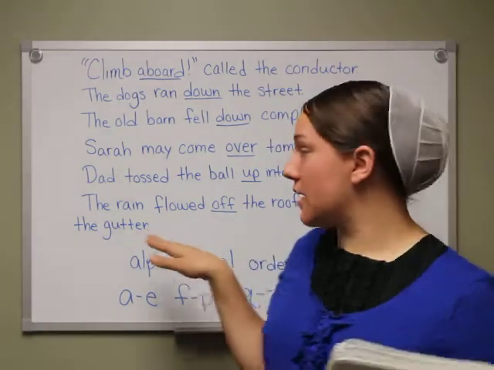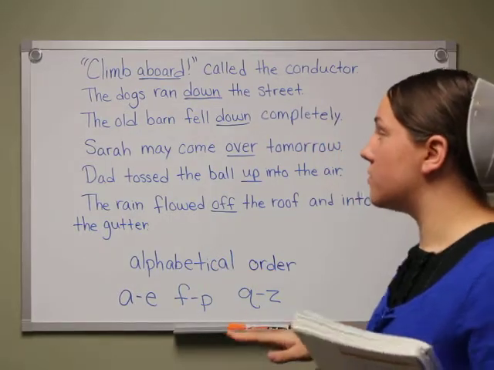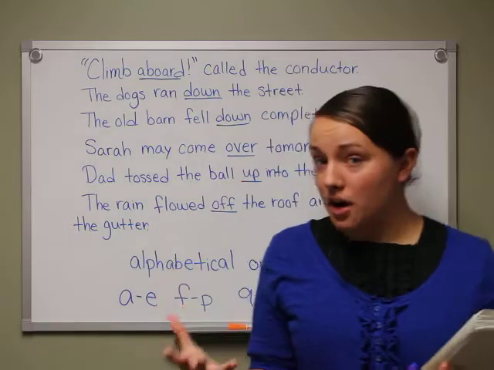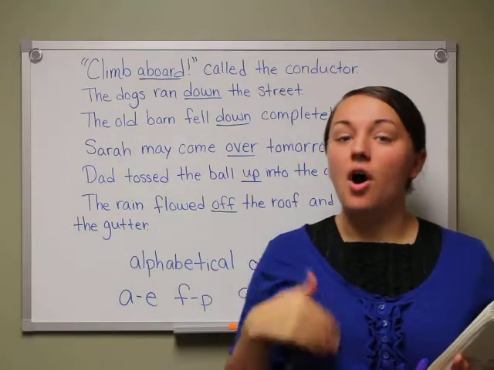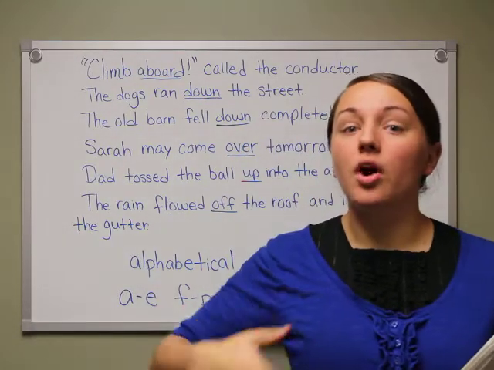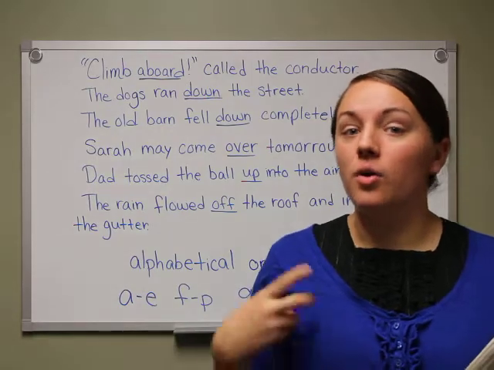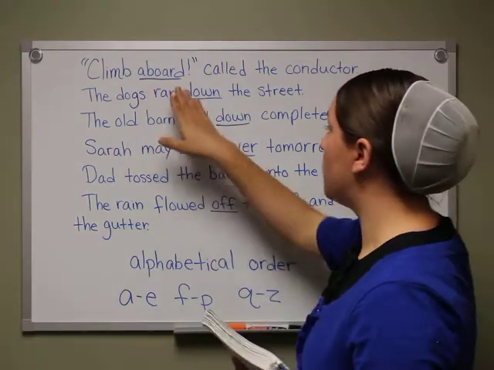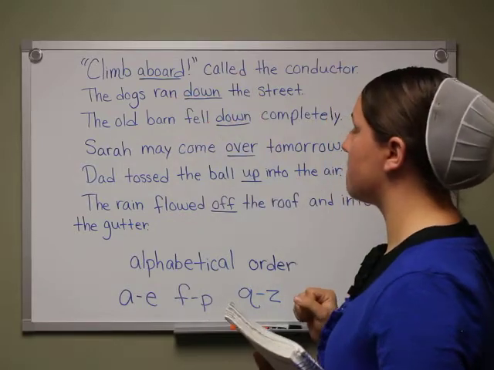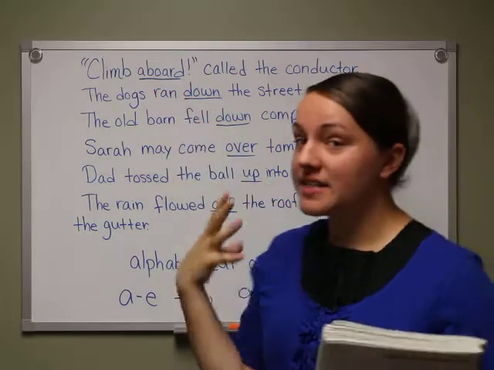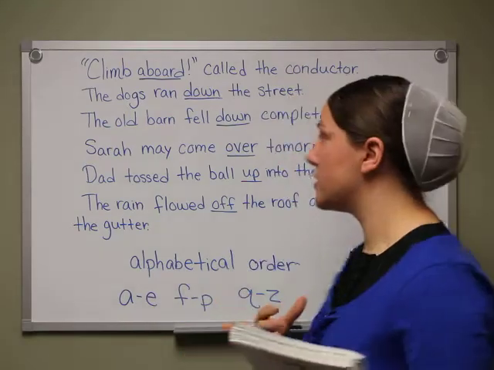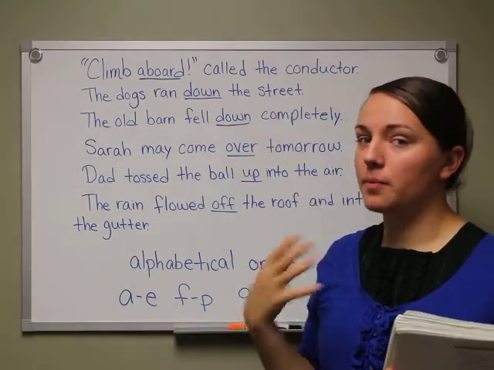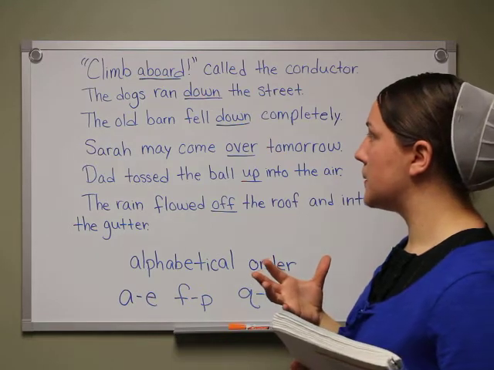So I have some examples of that on the board, and we're going to figure out if the words that are underlined, they are in our preposition list, but are they being prepositions, or are they adverbs telling where or when? So let's look at them. First of all, climb aboard, called the conductor. Now, aboard is in your preposition list, but does it have an OP? Is there an object or a noun or a pronoun after it?